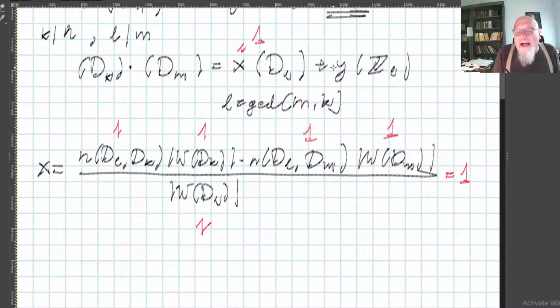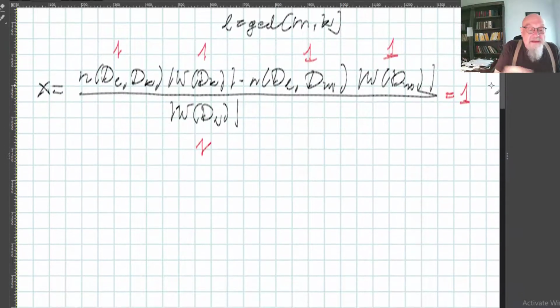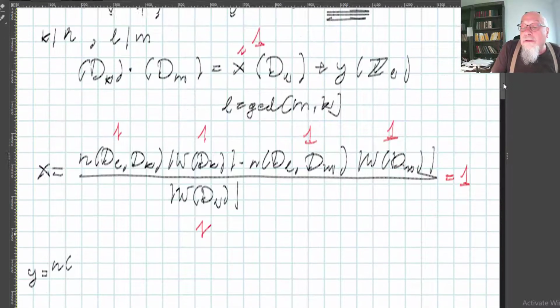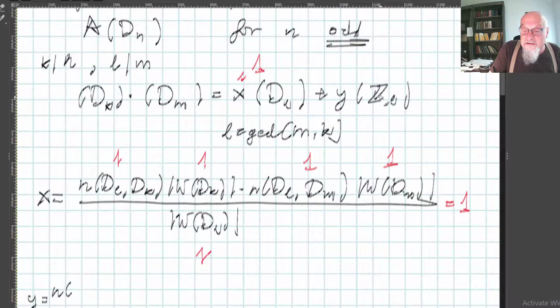So let's compute y. In this case, y is equal, and we start again, n, and our conjugacy class is Zl.